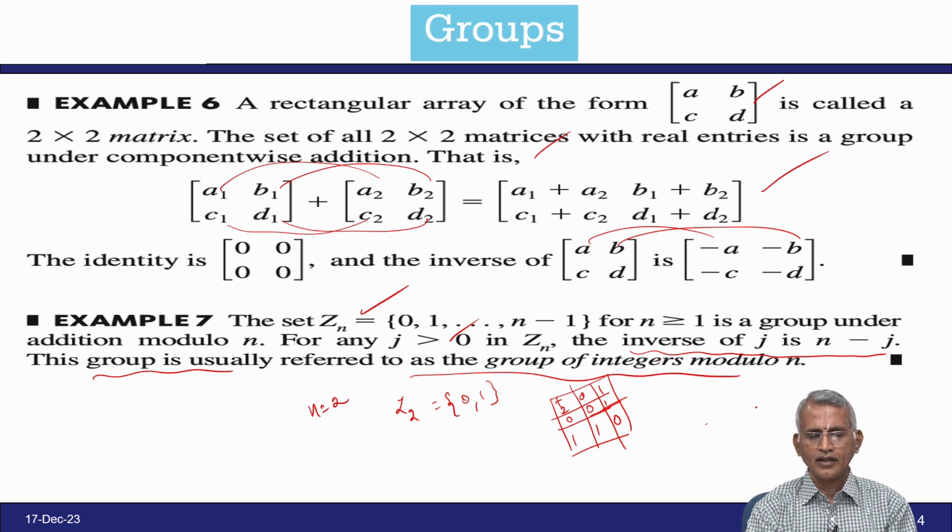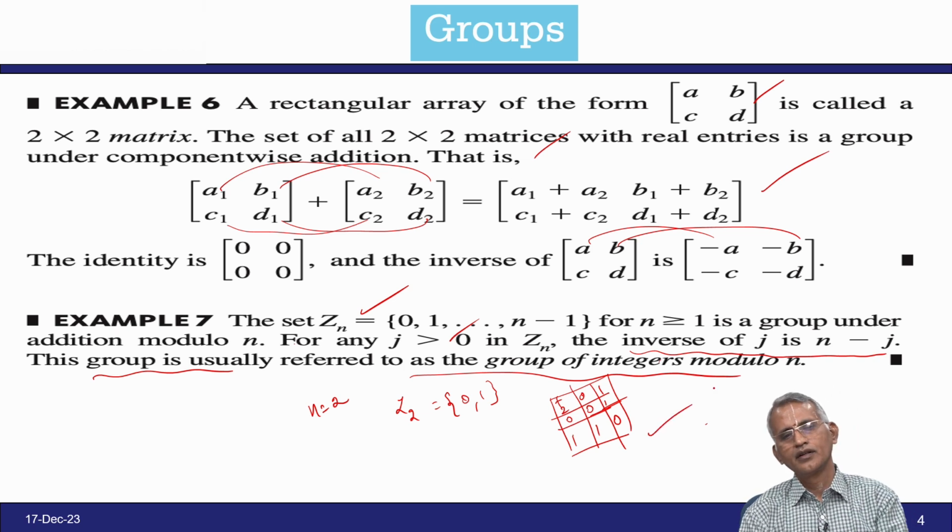In this Cayley table, it satisfies the group property because it is closed, it is associative, and the identity exists, which is 0. And 1 has the inverse 1, so wherever 0 comes it is the inverse of the other.